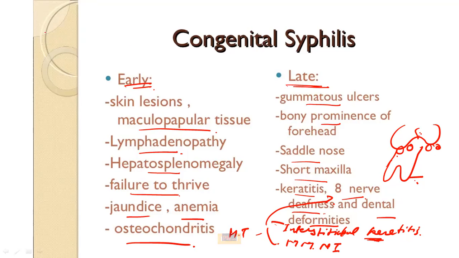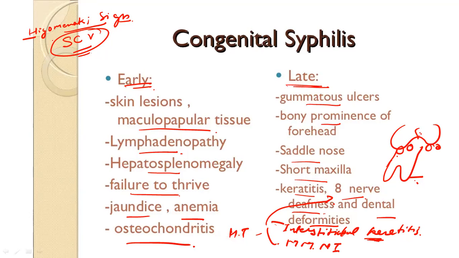Then one important thing is Higoumenakis sign. Higoumenakis sign is basically irregular thickening of the sternoclavicular joint. There is irregular thickening of the sternoclavicular joints, right?